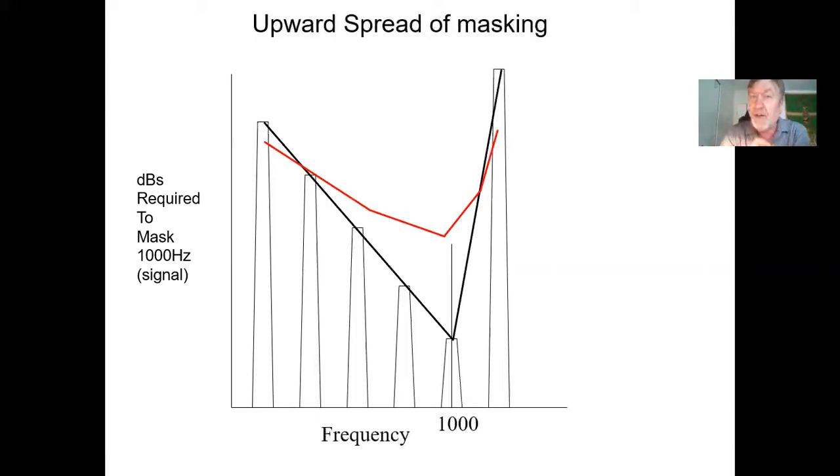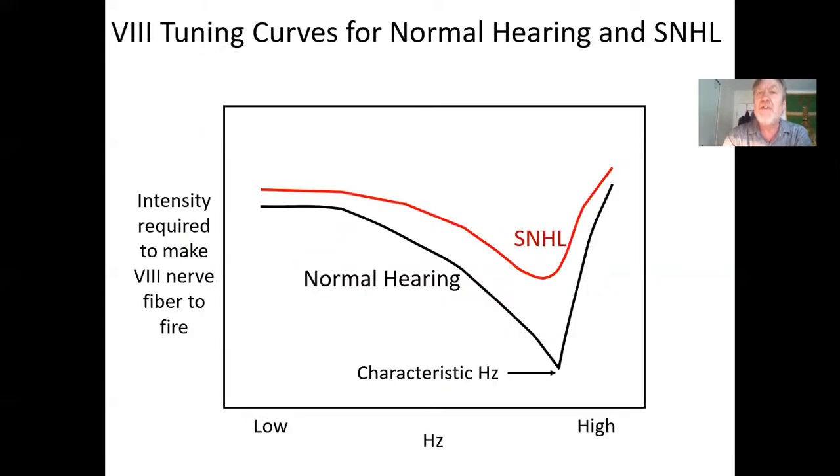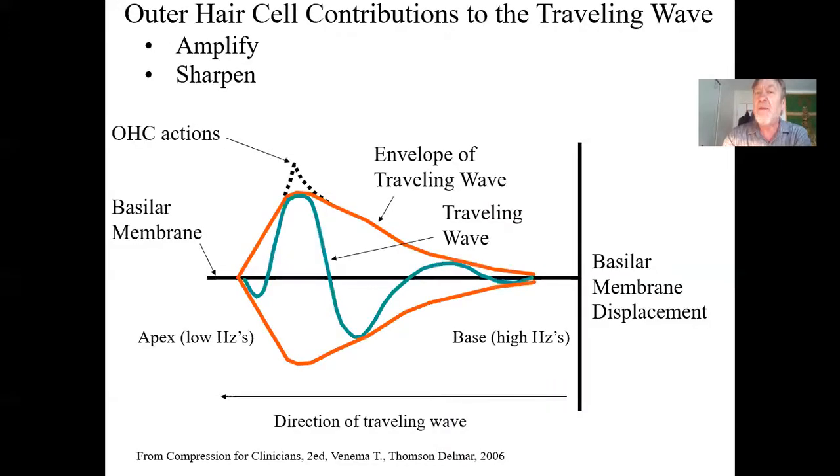And in plain English, it means this signal that I'm circling here is more easily masked by a bunch of frequencies that surround the signal's frequency. Do you see how the masking curve got more shallow, more rounded, just like the eighth nerve tuning curve did here, and just like the traveling waves were here?